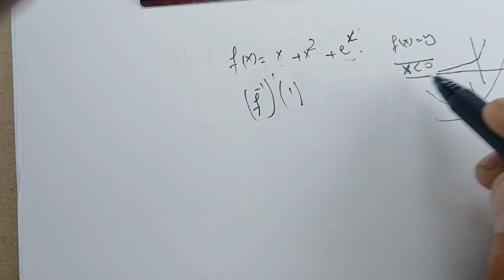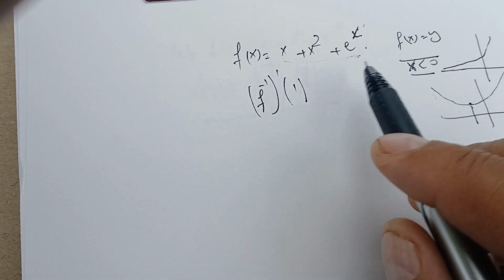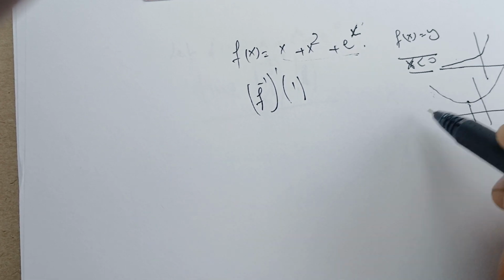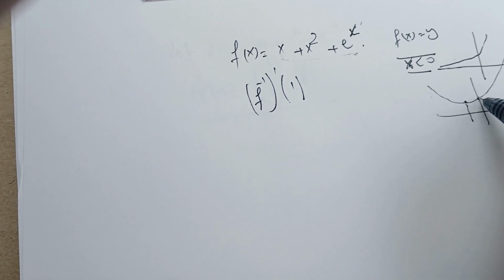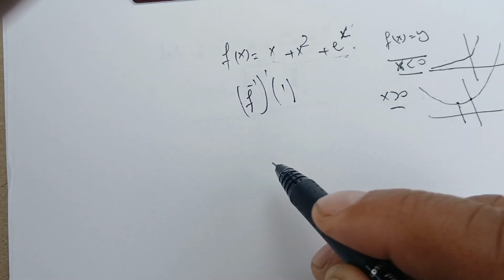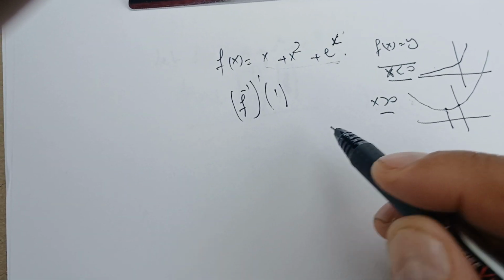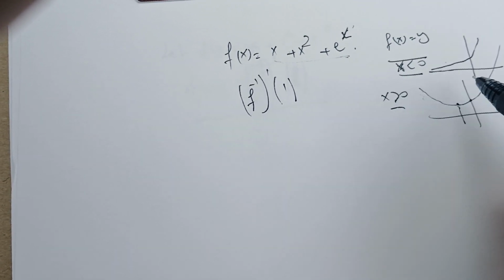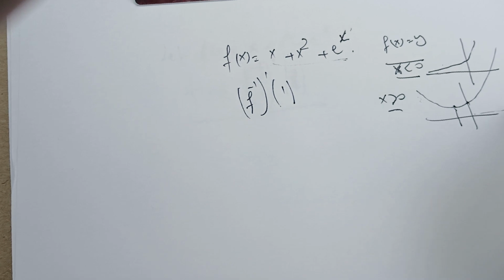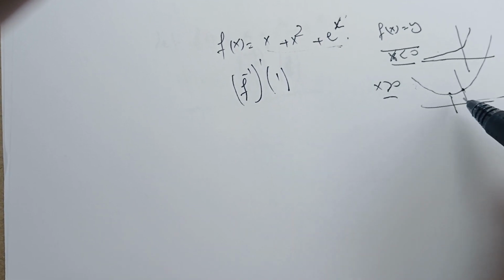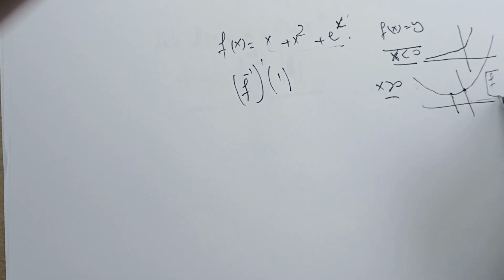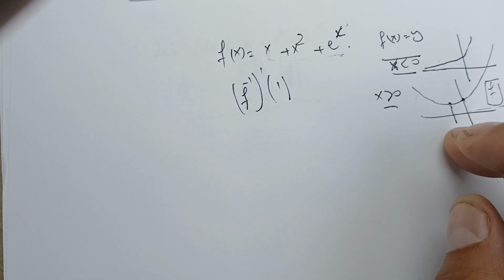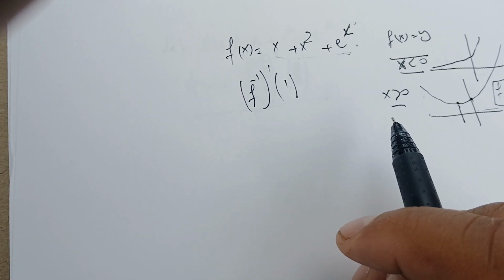But for us to find the one, we want to assume that x is bigger than 0. When we assume that x is bigger than 0, we are in this interval, and on this interval f is increasing. That means f has an inverse function.